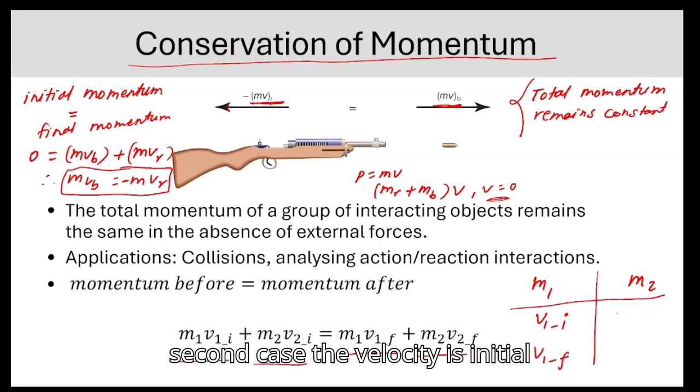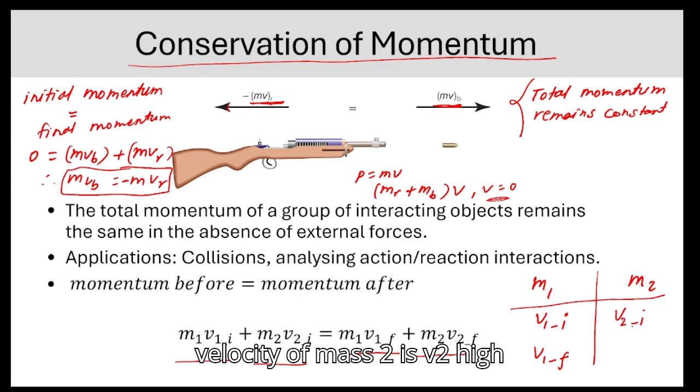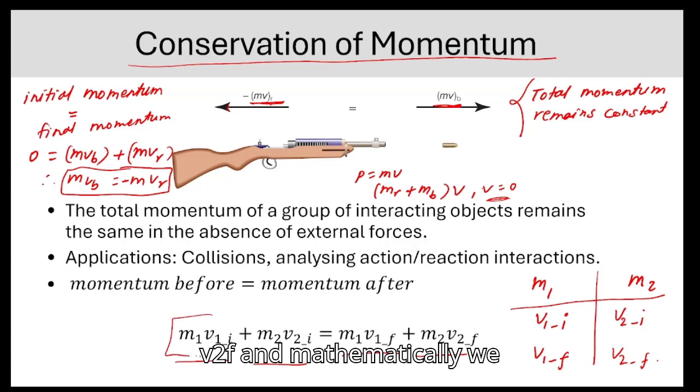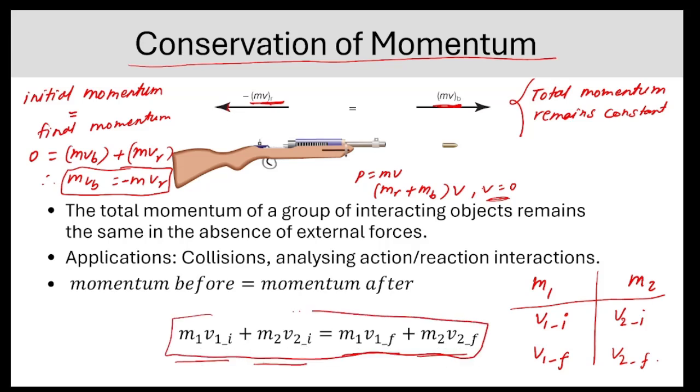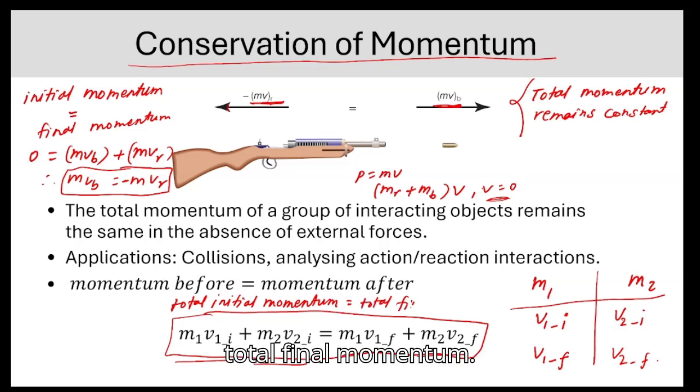And in the second case, the initial velocity of mass 2 is v2i, and final velocity of mass 2 is v2f. And mathematically we can combine these two here. The first term is total initial momentum, and the second term is total final momentum.